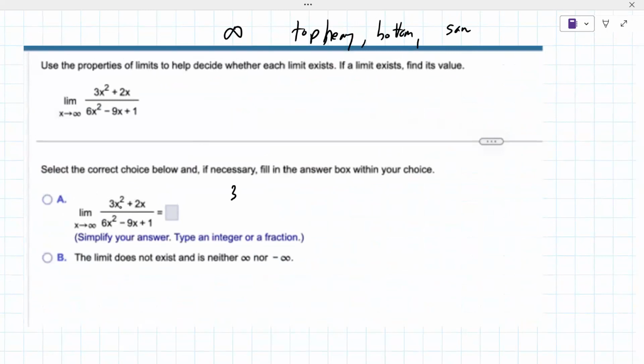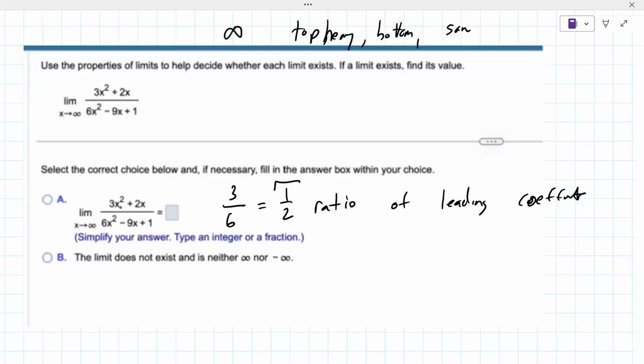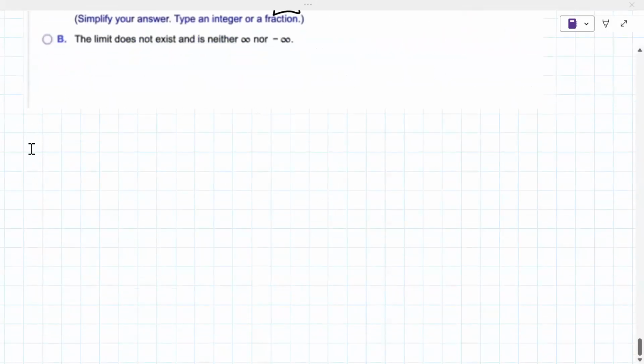So it becomes the ratio of the leading coefficients, which is 1/2. Is there another part to this, or is that it for that one? That's it for that one. Great. We want lots of questions like this in your test.